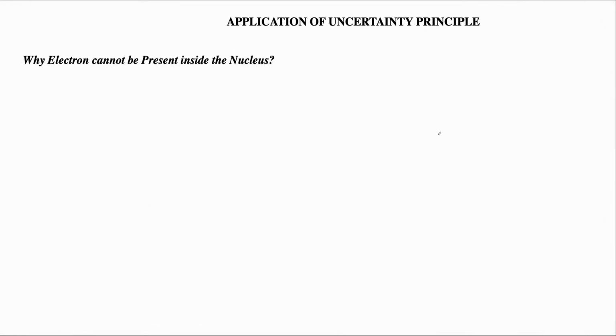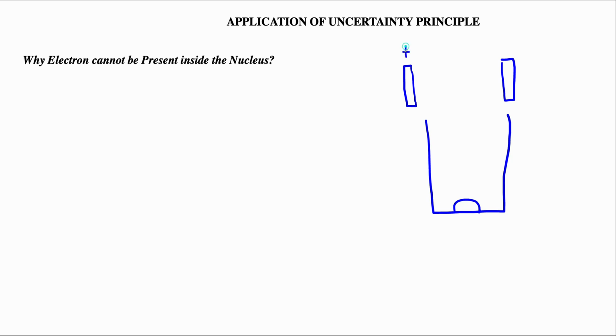Let us consider one radioactive element inside the box. Okay, so this is a radioactive element. Outside the box, let us take two electroplates. One plate is charged with positive, another plate is charged with negative.